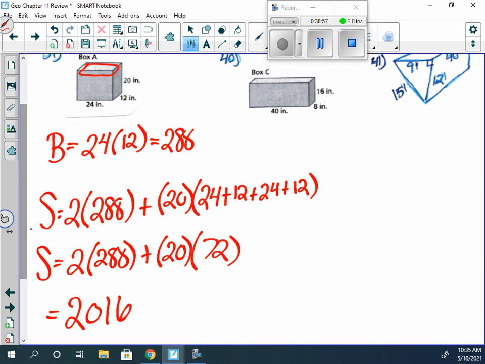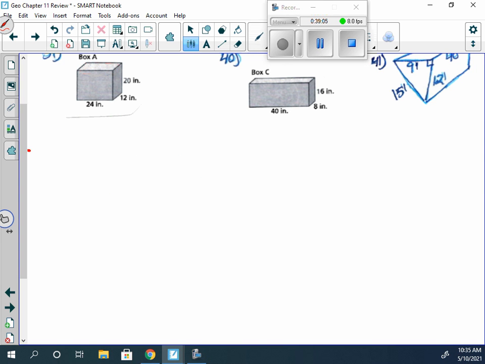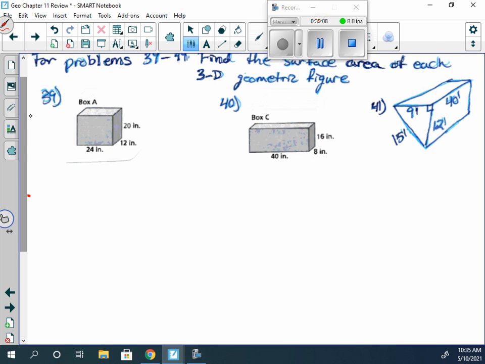Questions on 40 or 41? So 41, our bases are both triangles. Now it is a right triangle, so the area of the base is equal to 1/2 times the height times the base. Now it doesn't really matter how we say height and base, but they're going to be the 2 sides that make up that right angle. So we have 9 and 12. Now 9 times 12 divided by 2 is going to be 54.